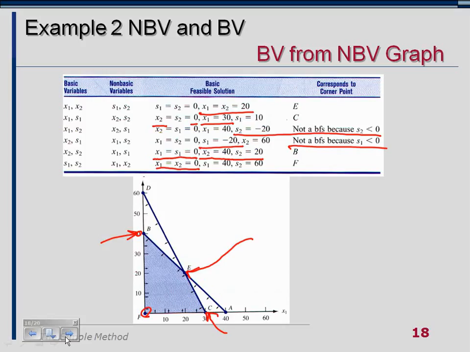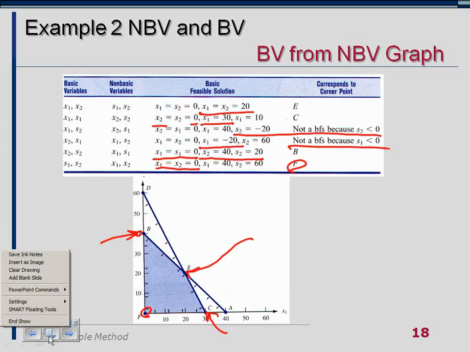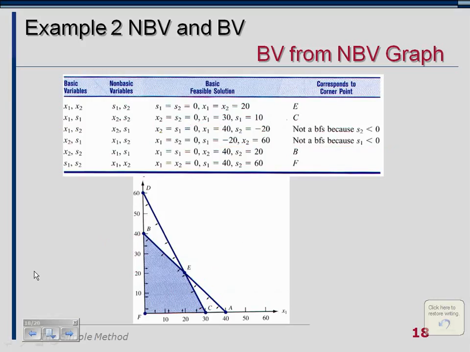So do you see what just happened? That little trick of swapping out these variables to make some of them equal to 0 and solving for the remaining ones just listed all the ones that were feasible, just listed all of the points on the polytope. So we have 1, 2, 3, 4 points on the polytope.